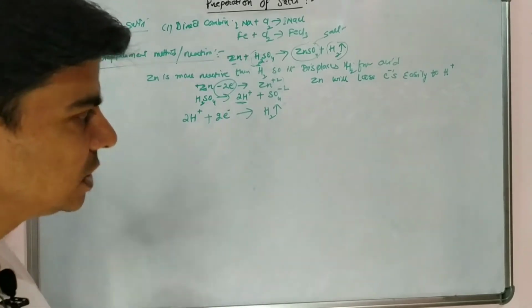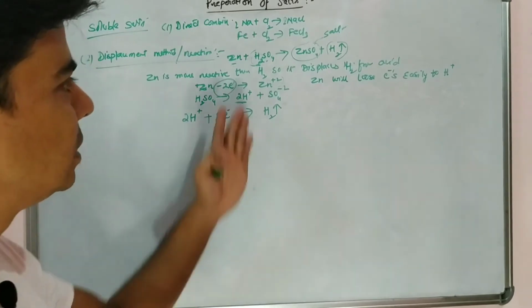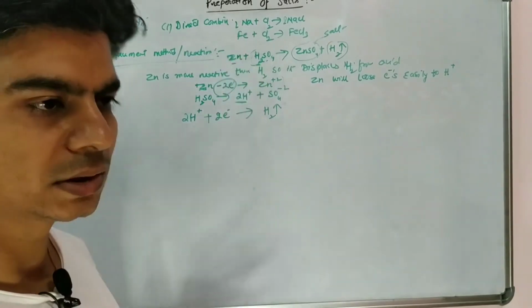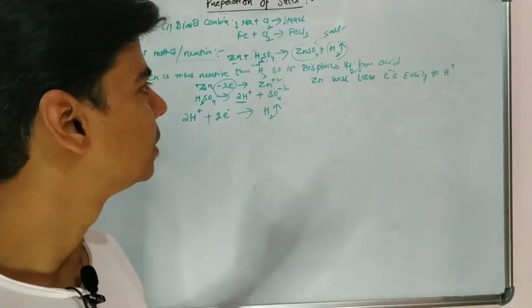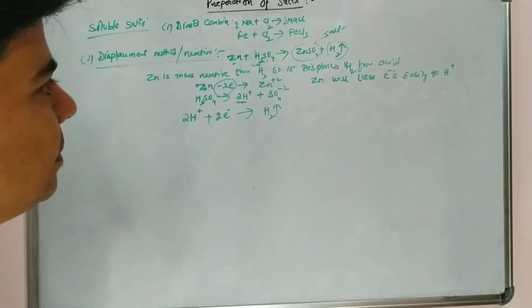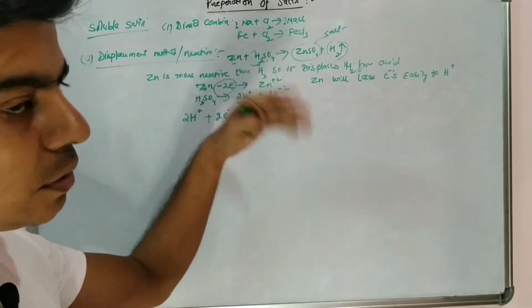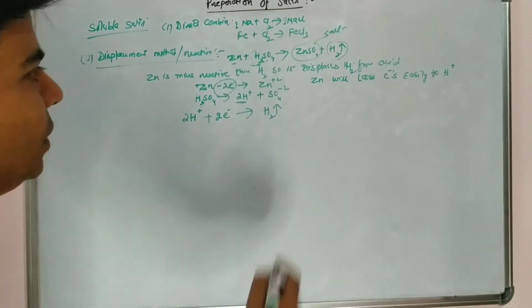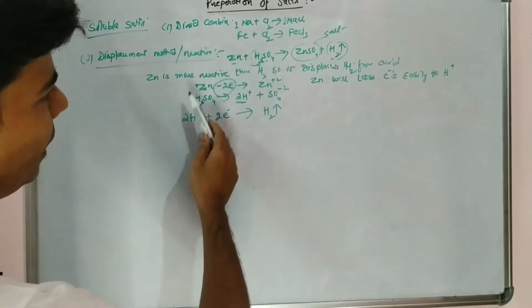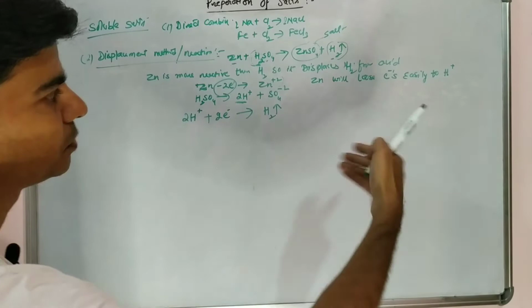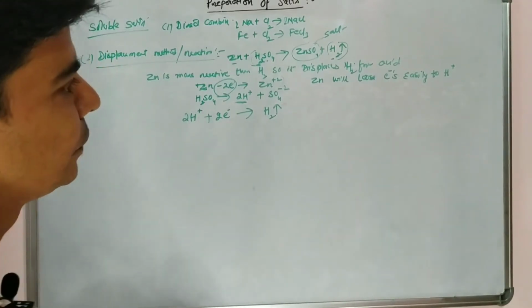What do we mean when we say that zinc is more reactive than hydrogen? Since hydrogen has a dual nature, it acts as a metal as well as a non-metal. So here hydrogen is acting as a metal, so you can think of it as zinc metal displacing hydrogen metal from sulfuric acid, giving you hydrogen gas and a soluble salt, zinc sulfate. And what it means when we say zinc is more reactive than hydrogen is that zinc can easily lose electrons.